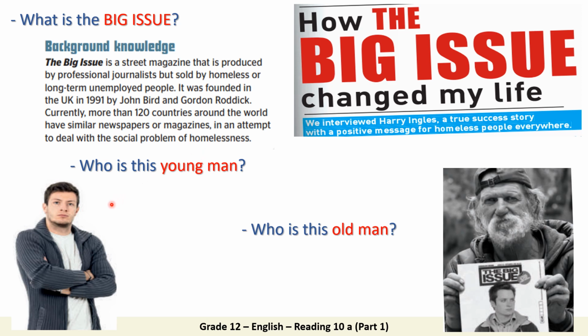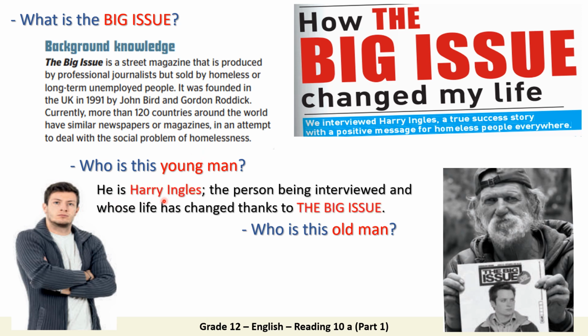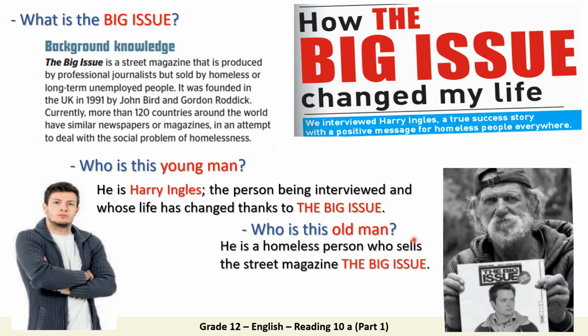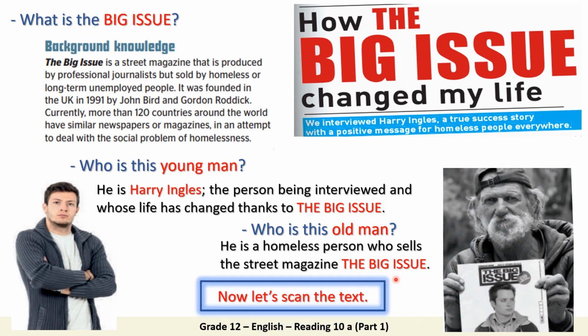About this young man, he is Harry Ingalls, the person being interviewed and whose life has changed thanks to the Big Issue. As for this old man, he is a homeless person who sells the street magazine, The Big Issue. Now please scan the text and take the following questions.